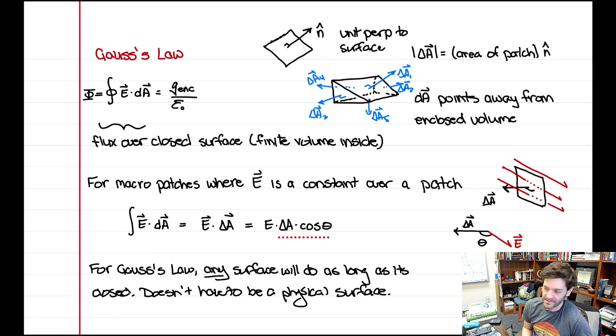But it's ambiguous what that angle should be if I'm just looking at the electric field vector and the surface. What angle do I use? It is not ambiguous if I think of it in terms of the angle between the electric field vector and the normal vector. I can always move vectors around, so I can pick them up and put them tail to tail.